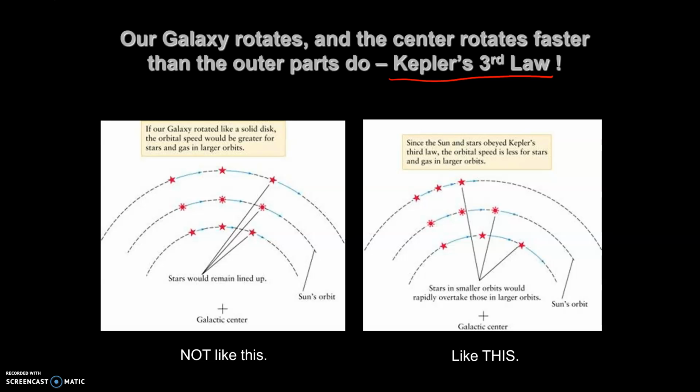Our planets that are closer to the sun have a faster orbit than the planets that are further away. And the same thing is going to happen with our stars. So this one is not what's going to happen. We're not going to see these stars perfectly lined up moving together. Instead, the stars that are closer are going to move quicker than the stars that are further away.